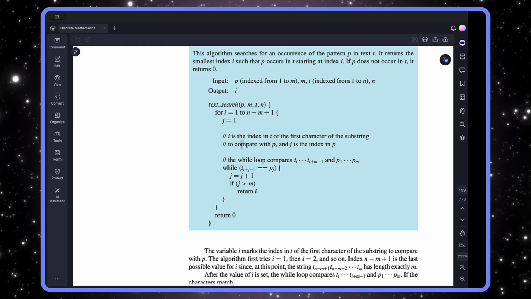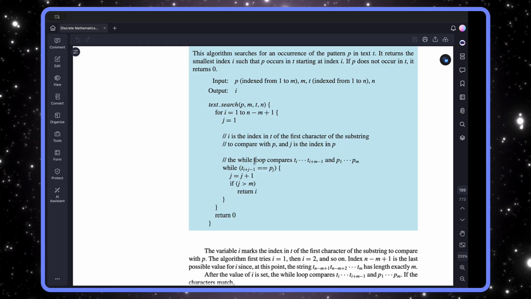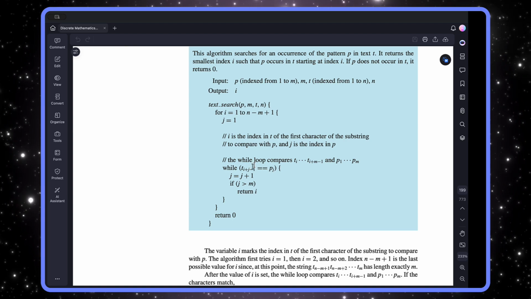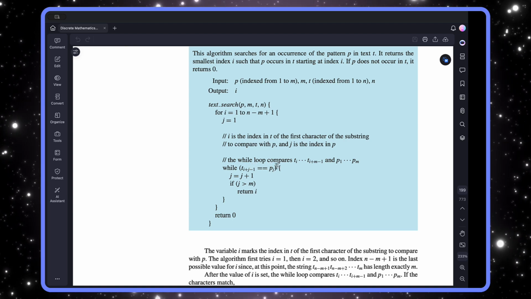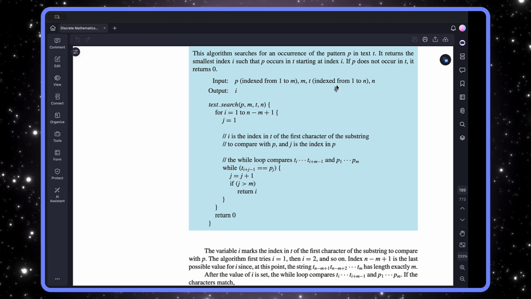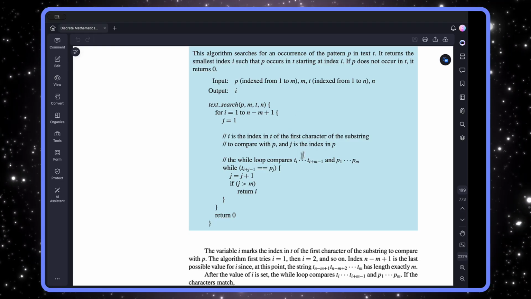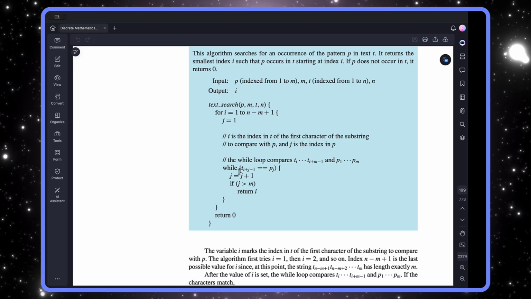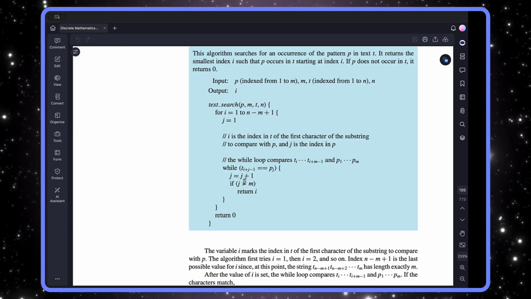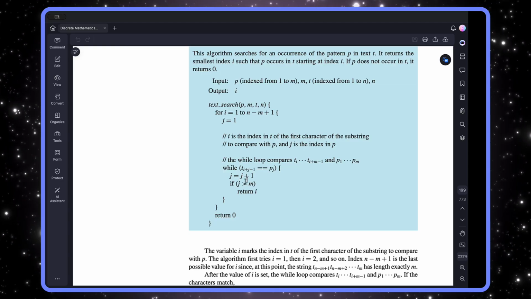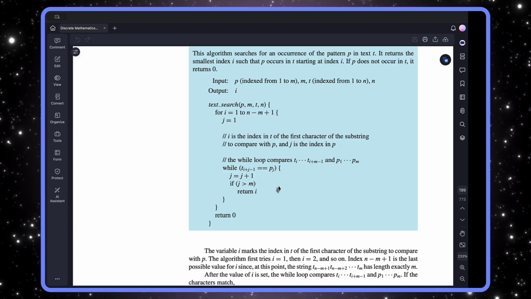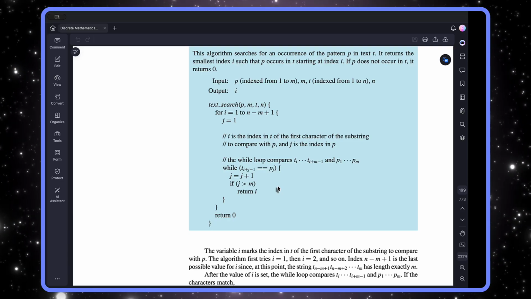So what it does is it says, while T sub I plus J minus 1 is equal to P sub J, in other words, if everything lines up correctly, then if J turns out to become greater than M, you just return I because it found the sequence, right?